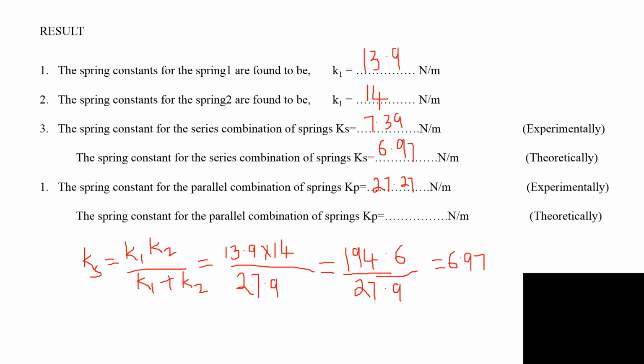So you can see experimentally and theoretically the values are nearly the same. Similarly, we will calculate Kp. Kp is the sum of K1 and K2, which comes out to be 27.9.